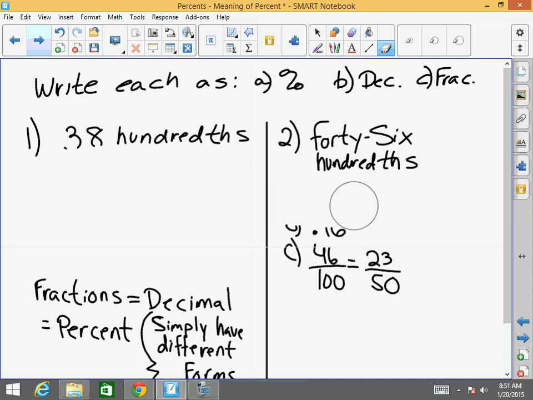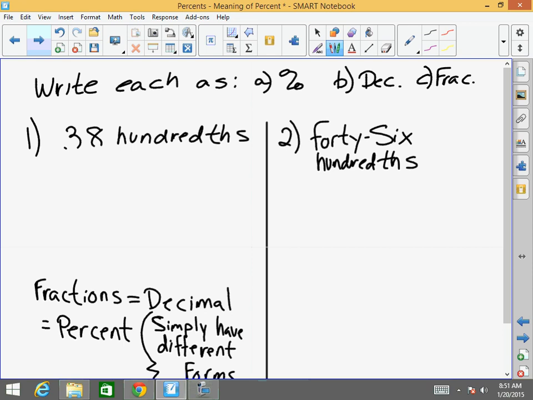Let's get rid of this here as well. Okay? If I want to write this as decimal, percent, and fraction. Okay. 38 hundredths. How do we write that as a percent?